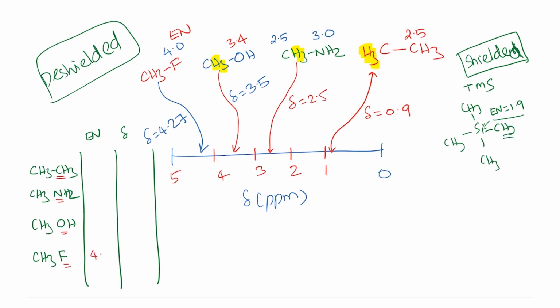So, this is 4.0, this is 3.5, this is 3.0 and this is 2.5. And the chemical shift is in the order of the electronegativity: 0.9, 2.5, 3.5. This value is actually 3.4, but nevertheless it is pretty close, and for fluorine it is 4.27.